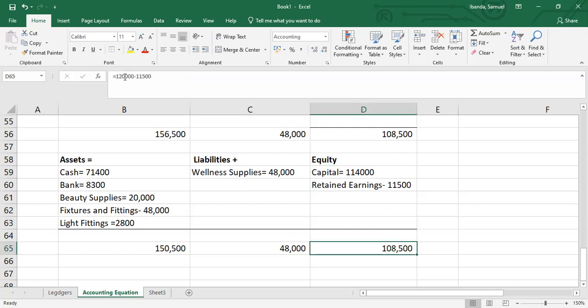Instead of 120, we have 114. So remember, if we withdrew, does it affect retained earnings? This is 150,500. This is also 150,500. So we are good to go.